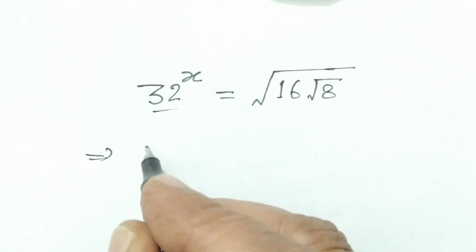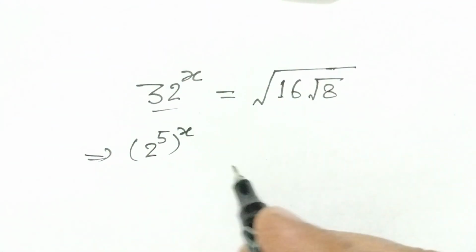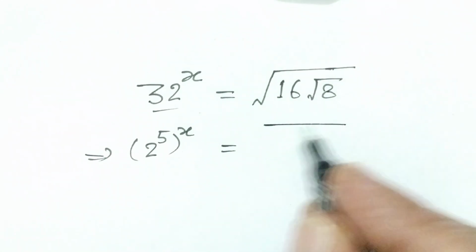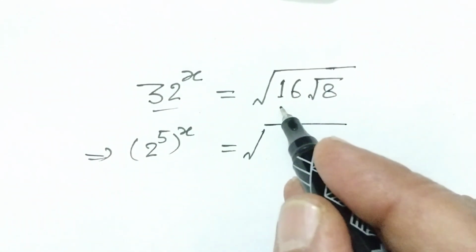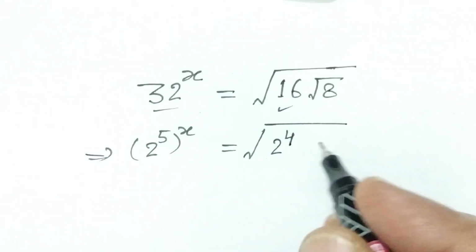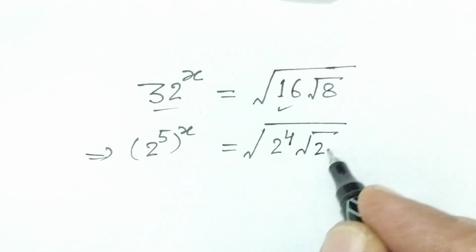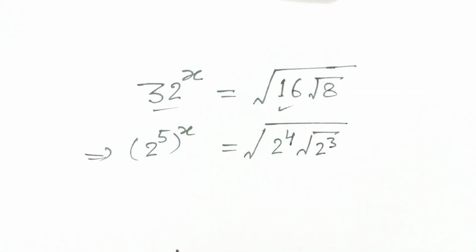32 can be written as 2 to the power 5, to the power x, right? Is equal to square root of 16 as 2 to the power 4 into square root of 8 as 2 cube, right?